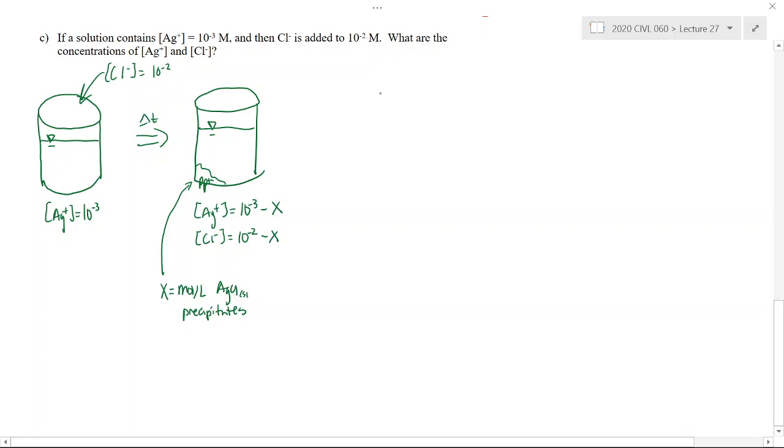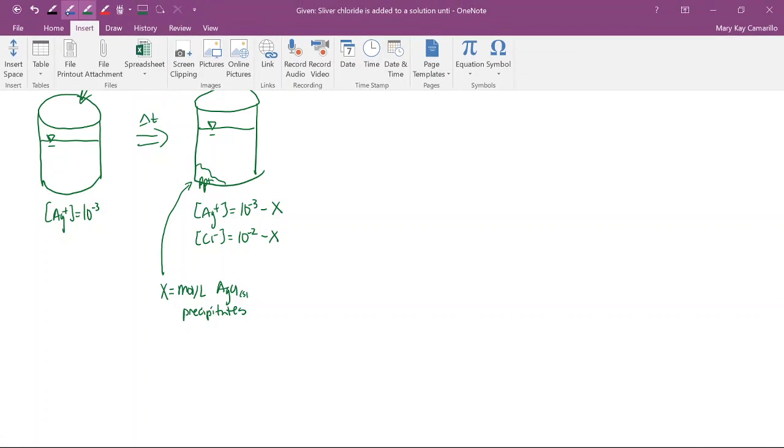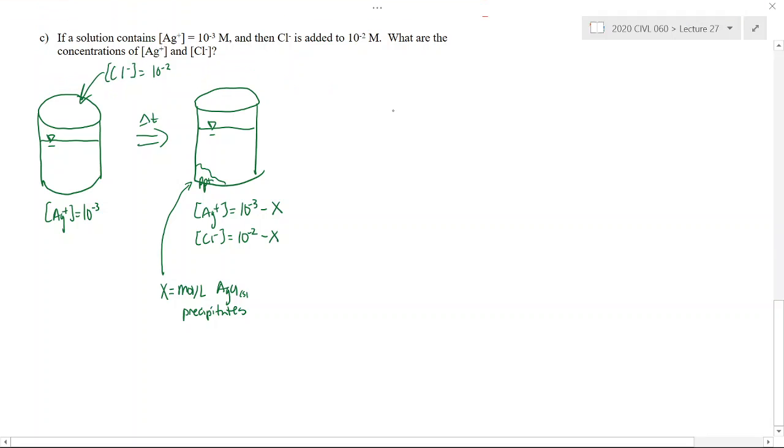To solve this problem, I am going to use the equilibrium constant in the mass action equation. I have K_SO is equal to silver times chloride. And I can simply pick off these expressions that I've defined over by my schematic.